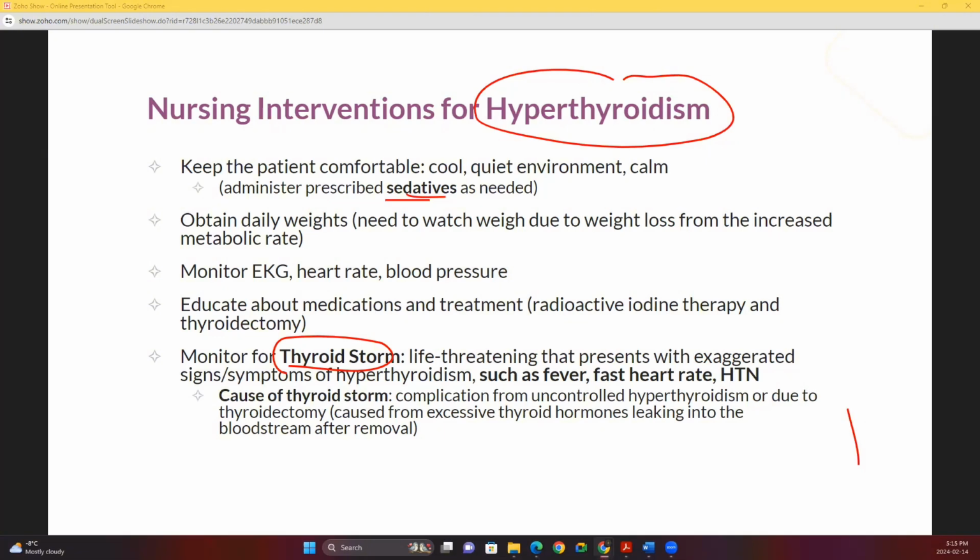The signs and symptoms: fever is super high, 106, 105. Heart rate 180, BP 200 by 180, those kinds of things. The patient is very sick. We will cover thyroid storm later. Very, very important topic.